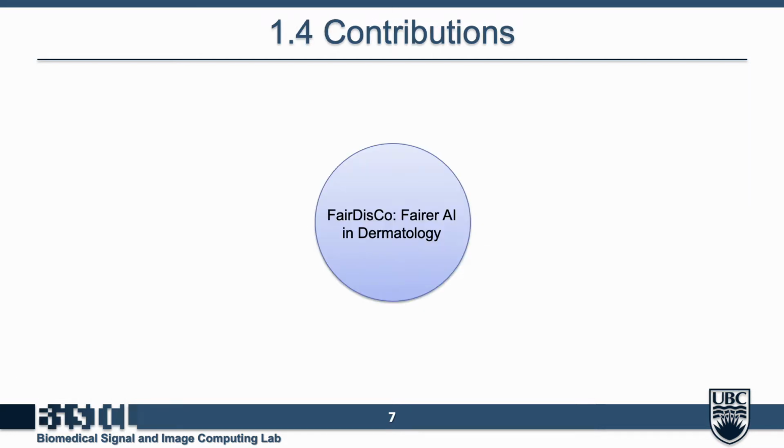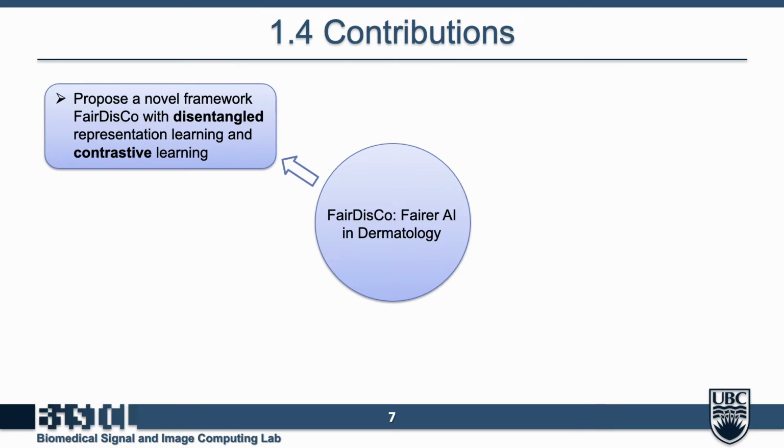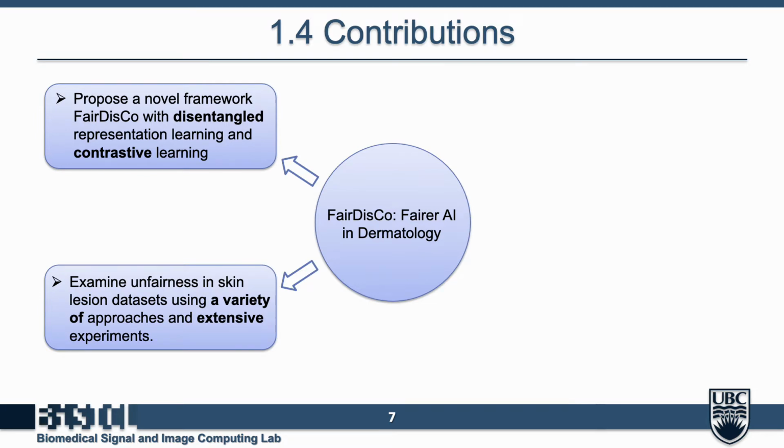Therefore, in this work, we propose a novel framework FairDisCo featuring disentangled representation learning and contrastive learning to promote fairness and boost classification accuracy. To the best of our knowledge, we are the first to examine unfairness in skin lesion datasets using a variety of approaches and extensive experiments.